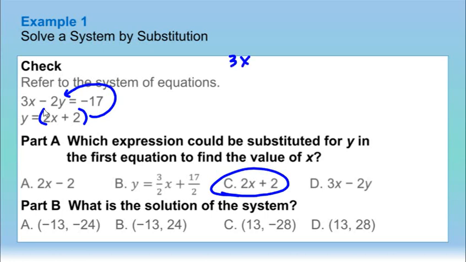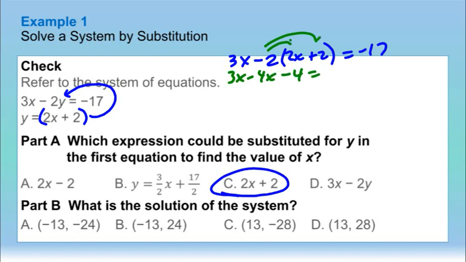So I would have 3x minus 2 times 2x plus 2 equals negative 17. Distribute, so we have 3x minus 4x minus 4 equals negative 17. Combine like terms. I now have negative 1x equaling a negative 13.